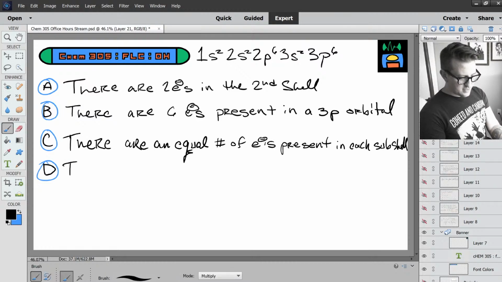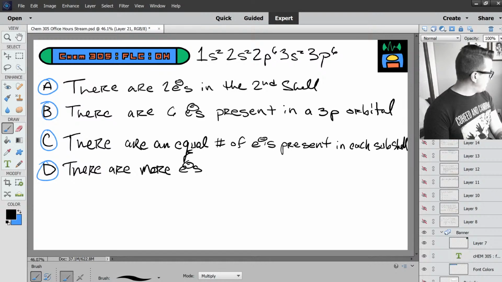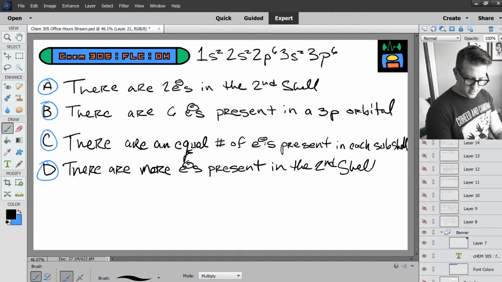D says there are more electrons present in the second shell than the third shell.